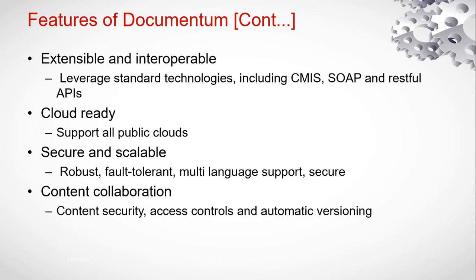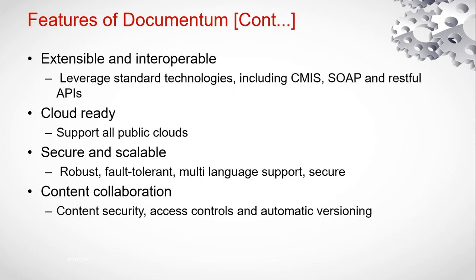And Documentum is extensible and interoperable. So what does it mean? Documentum leverages standard technologies like Content Management Interoperability Services, which we call CMIS, SOAP and RESTful APIs. These are the two kinds of web services available.